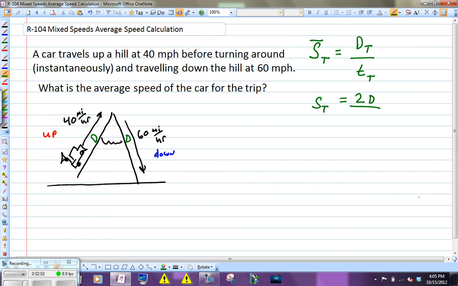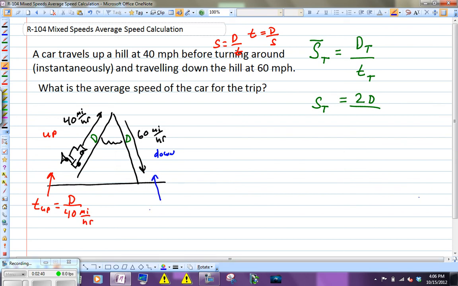But what about the total time? To figure out the total time, we're going to have to break this into two parts, up and down. Well, if speed is distance divided by time, it makes sense that time is going to be distance divided by speed. So if we want to know the time up, that's going to be the distance up the hill, or d, divided by the speed up the hill, which is going to be 40 miles per hour.